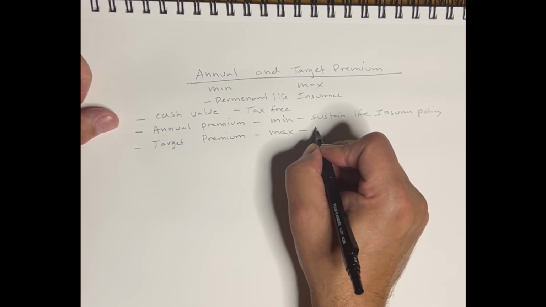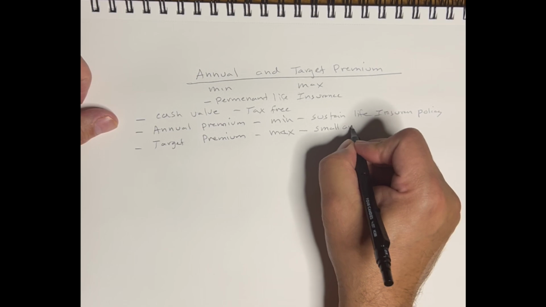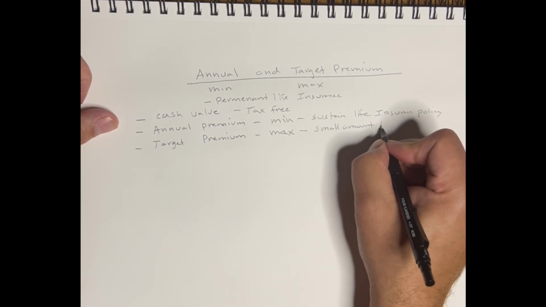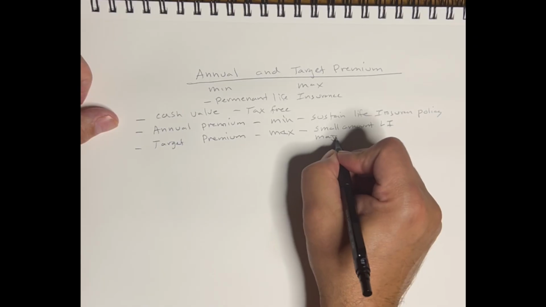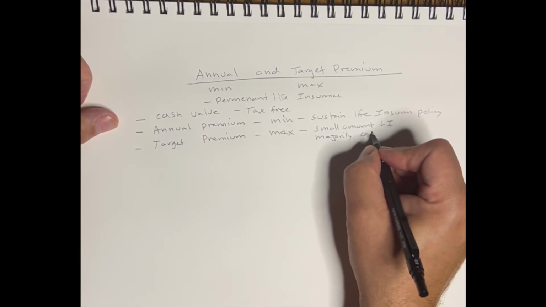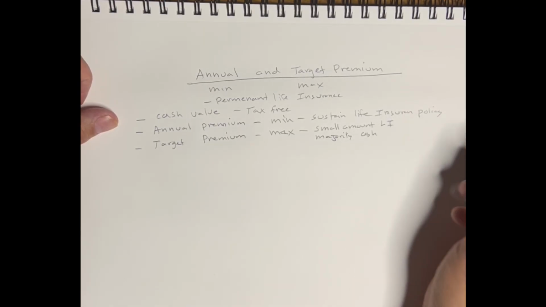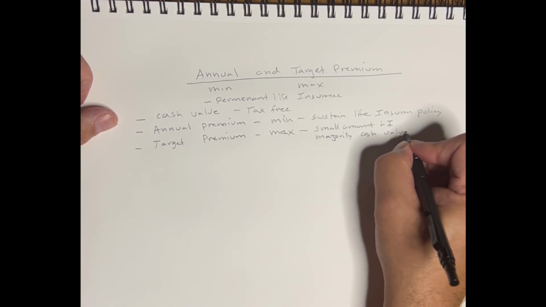Each time you make a target premium payment, you're buying a small amount of life insurance, and the majority is going into the cash value. So we're still treating this like a life insurance premium payment, but we're putting the majority into the cash value.